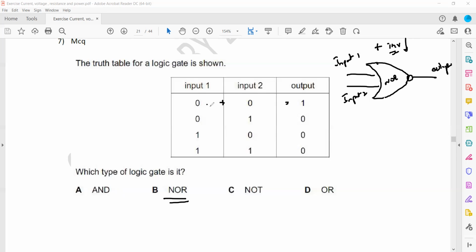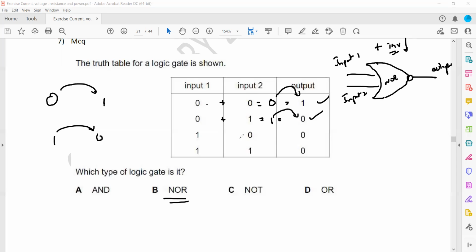So 0 plus 0, that is 0. And what is the opposite of 0? In binary, the opposite of 0 is 1 and the opposite or invert of 1 is 0. So 0 plus 0 is 0 and then we invert, so it becomes 1. That's right. Then we check 0 plus 1, we have to check all. 0 plus 1 is 1, and then we invert, so it becomes 0.